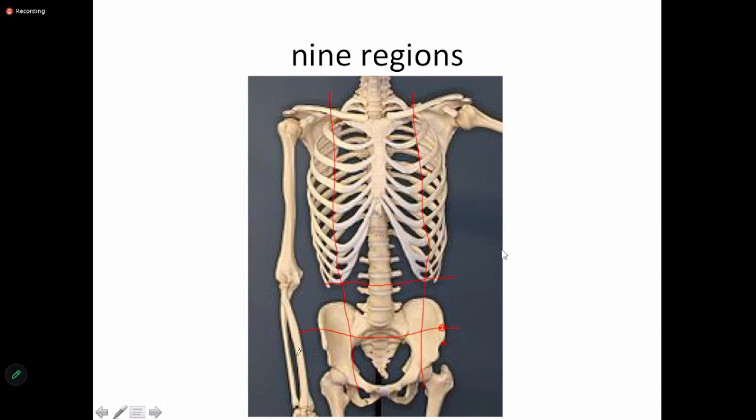Never come to the exam without knowing these 9 regions, because they are important when you are describing a lump or pain or whatever it is. This is the right language for communicating with the consultant. The moment you say the patient has pain in the left hypochondrium, you know where it is and you know the organs there.